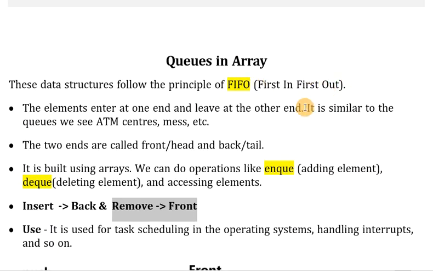It means whatever is scheduled first will get executed first. Another example is in ATM centers and other places, if we are forming a queue, definitely the first in first out rule is followed. So this is all about the queue in the array.